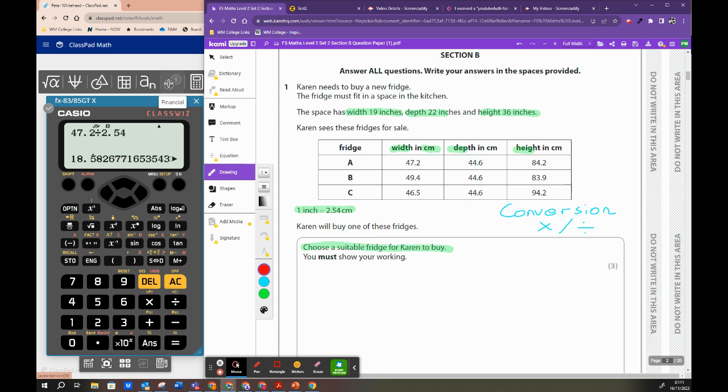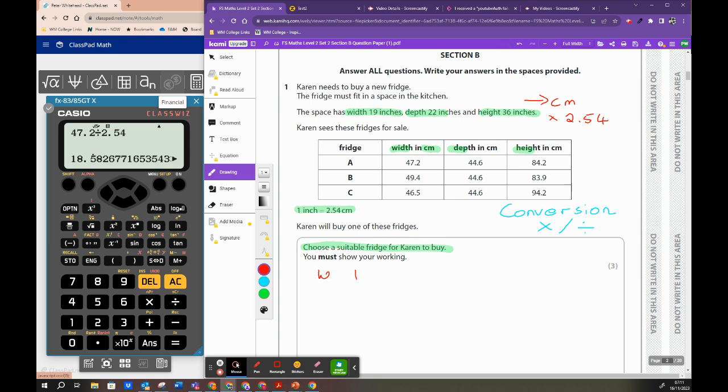I've got 9 in centimetres. So I'm going to do inches to centimetres. Okay, inches to centimetres multiplying by 2.54.